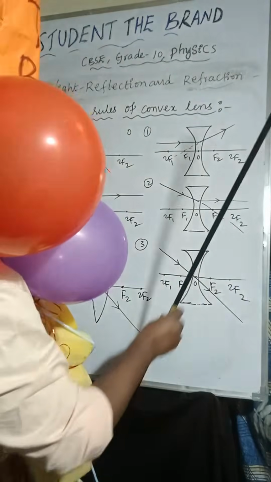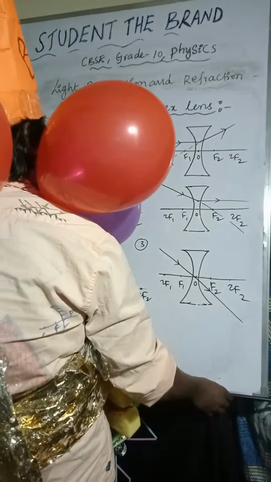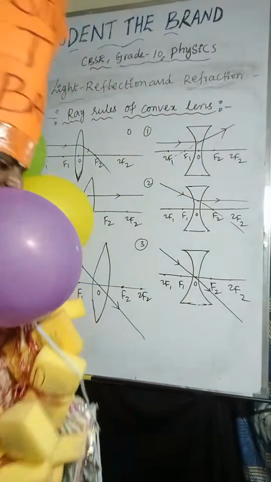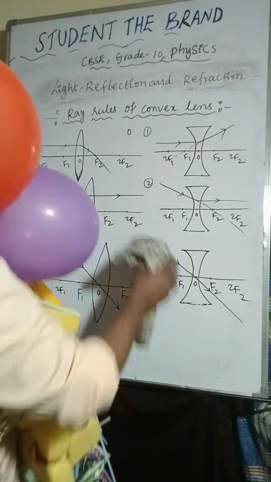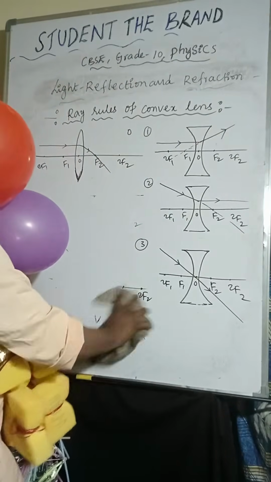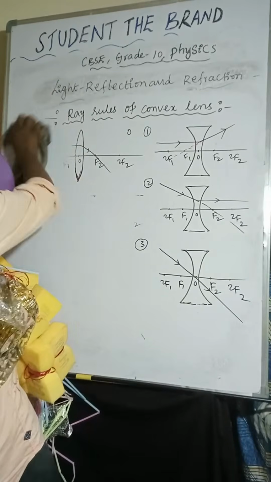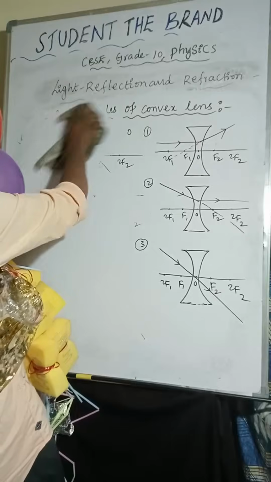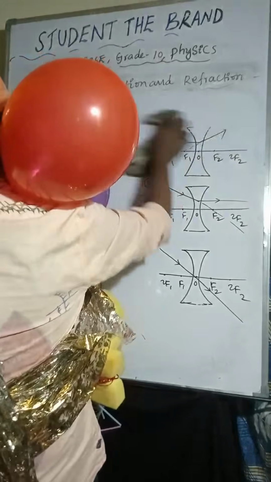Next we will discuss about image formations. Image formations of convex lens. Okay. So let's discuss about it. So be clear for it.